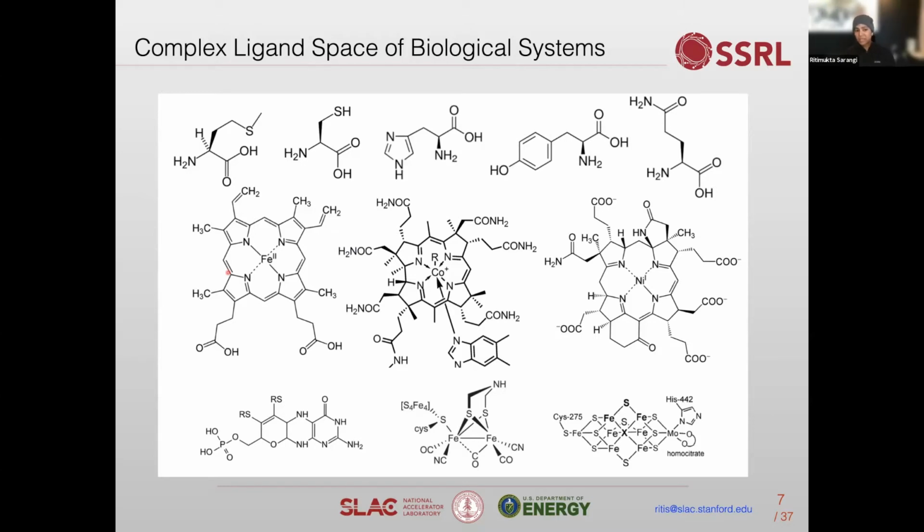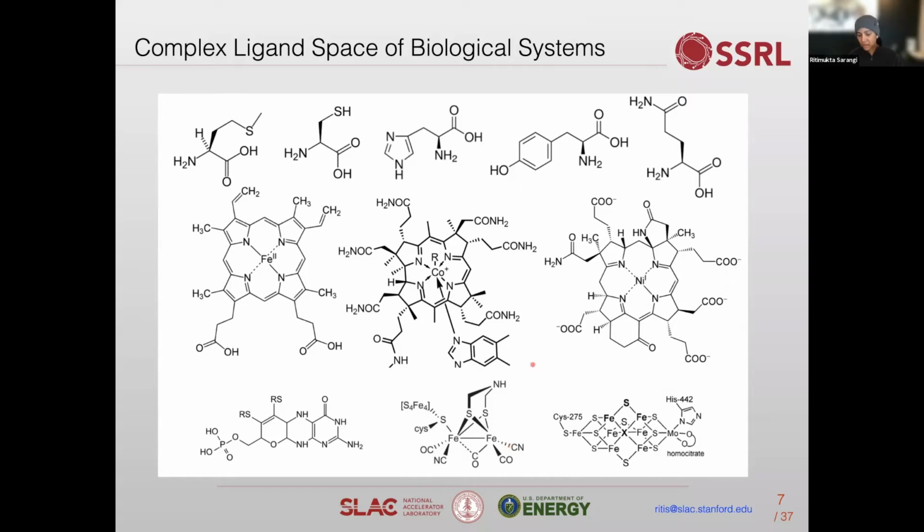The porphyrins or the heme systems are the most ubiquitous, but we also have these corrin and corphin rings, which contain these cool molecules such as cobalamin and this nickel-containing ring. They have very unique X-ray absorption and EXAFS spectra. And in addition, there are some other cofactors and other ligands, which really make the biological ligand space complex.